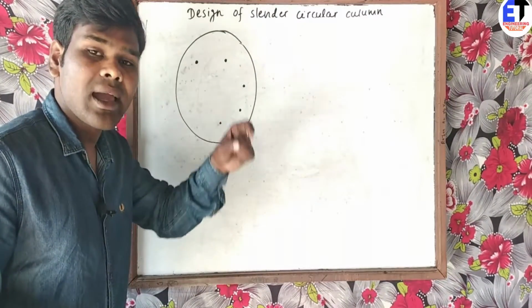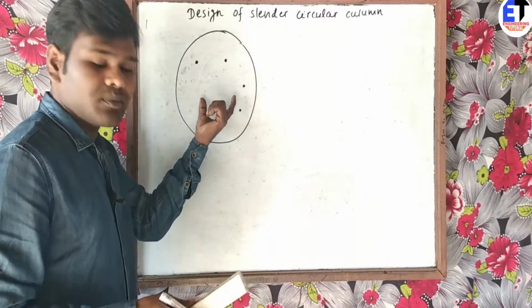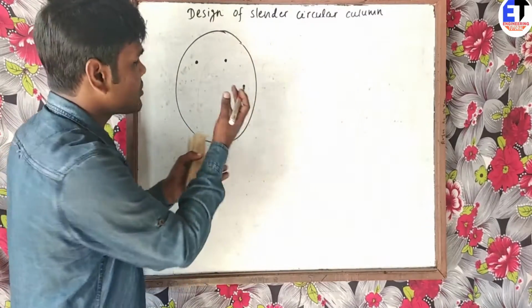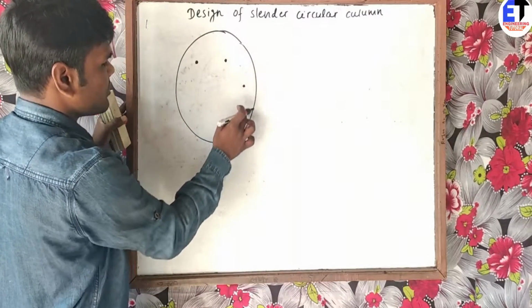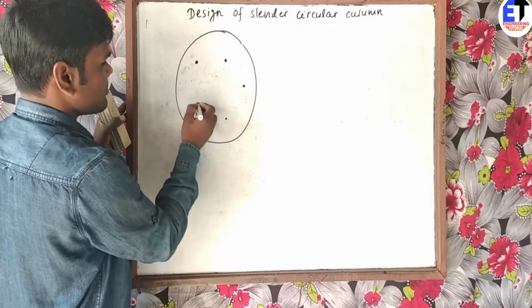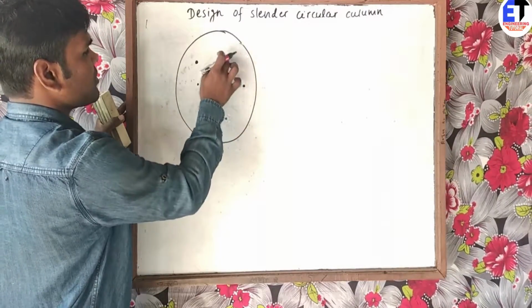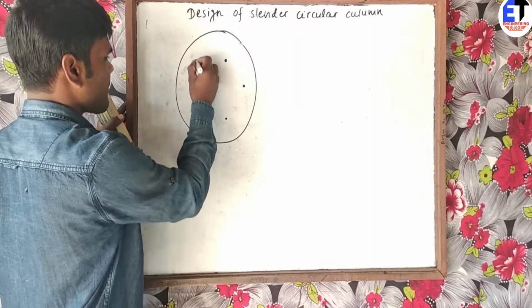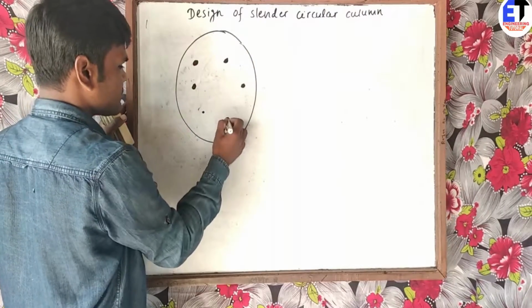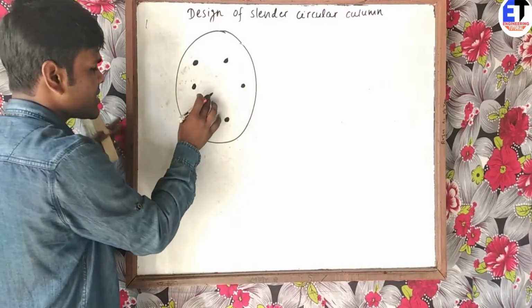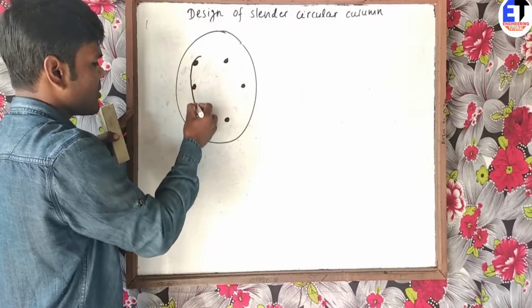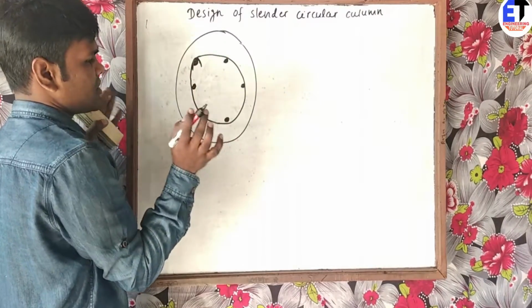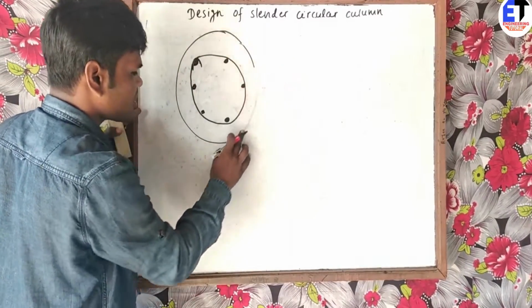So 1, 2, 3, 4, 5, 6. Here we have kept the bars in this way. Now this main reinforced bar is going to be bound by what? Lateral ties, which have a diameter of 8 mm. This is the top view.